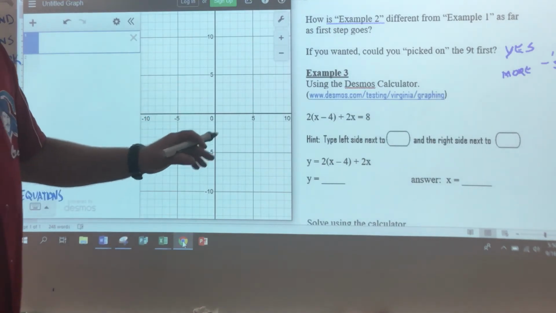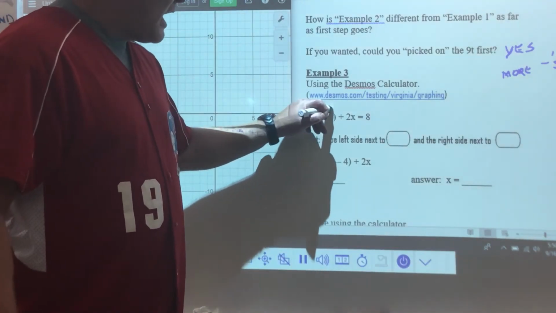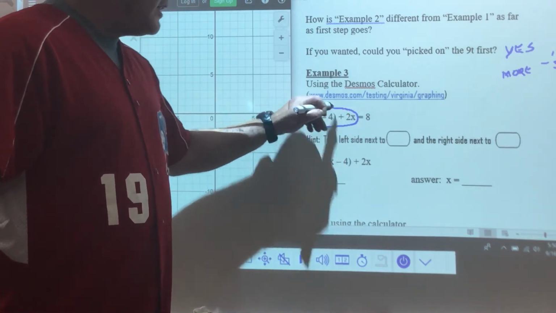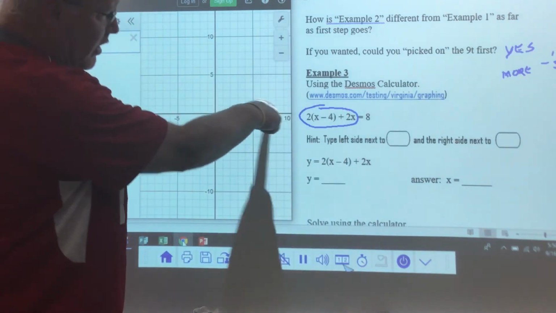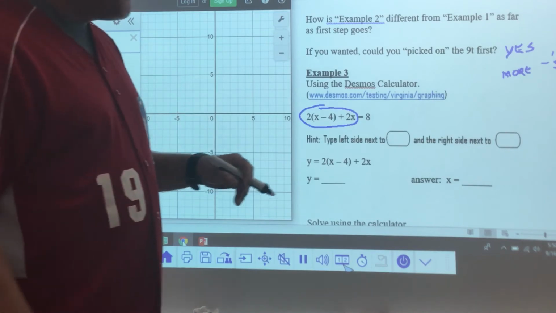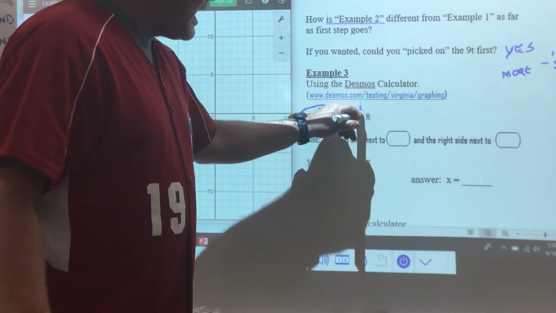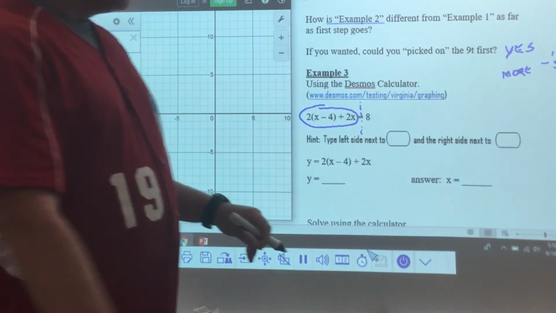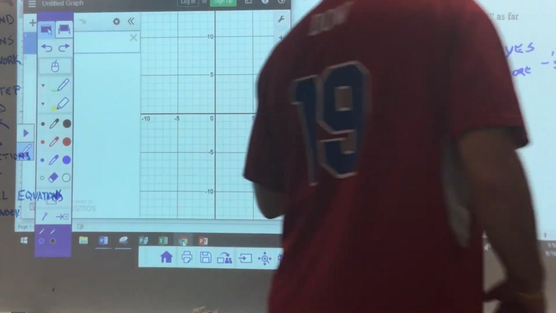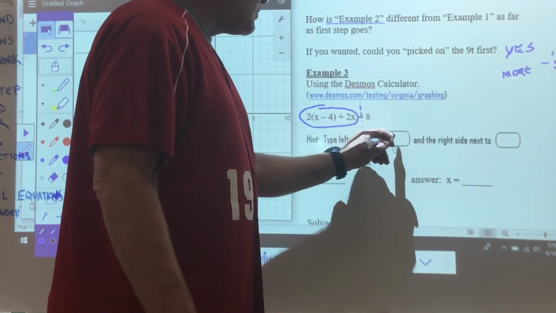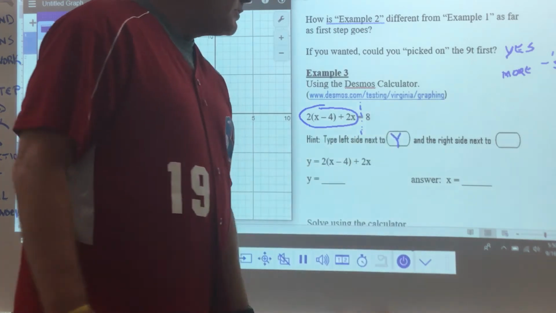And what I'm going to do in a second is take the left side of that equation. Now remember, right over here underneath this Desmos, the sides are chosen up through the equal sign. Now, I'm going to take this left side and type it next to a y in my Desmos calculator.